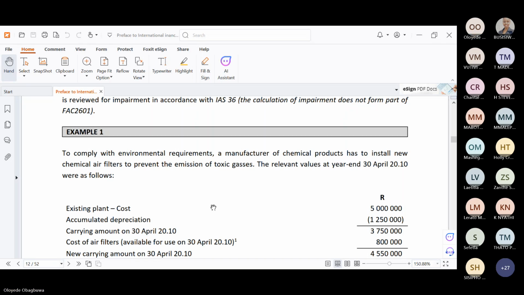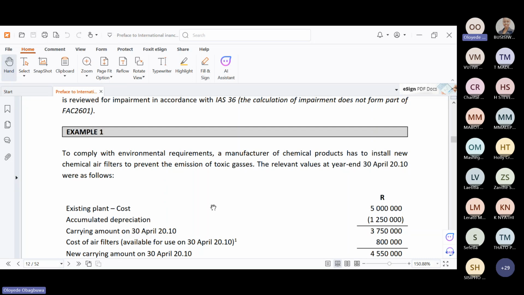Okay. Just all these preambles, you can go through them and we'll concentrate on trying to see how many examples we can resolve before our time is up.